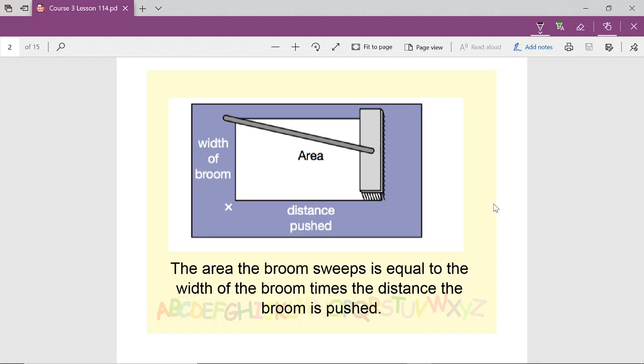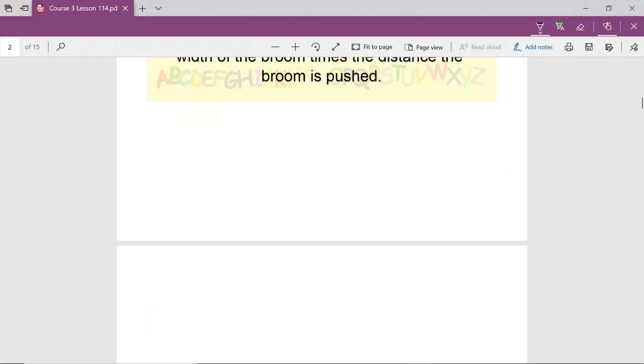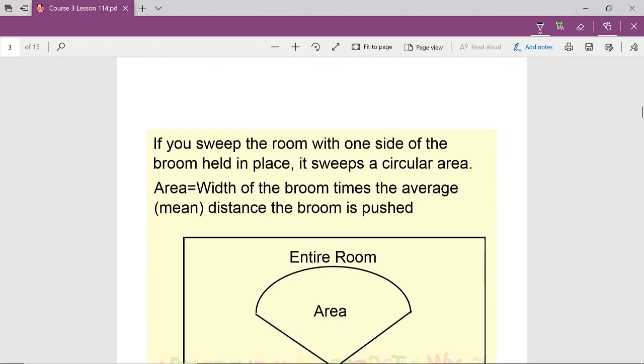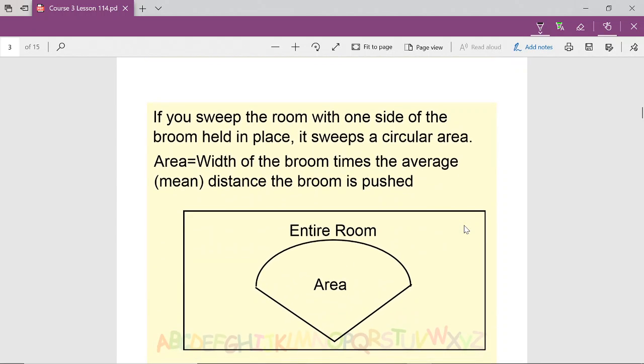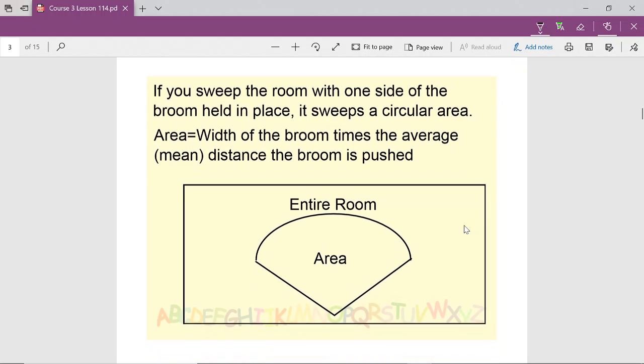That's if our area was just a regular rectangle. But we can also do this with a lot of other types of sweeps as well. For example, if you had that broom that was a certain length, but kept one part of it staying the same, like right here, and swept an arc with that broom, we can still find the area by doing this kind of formula.